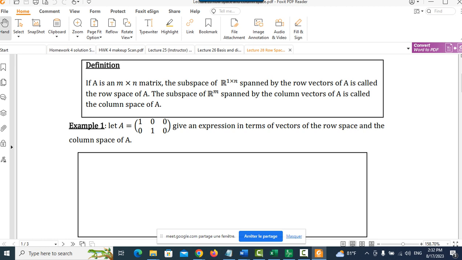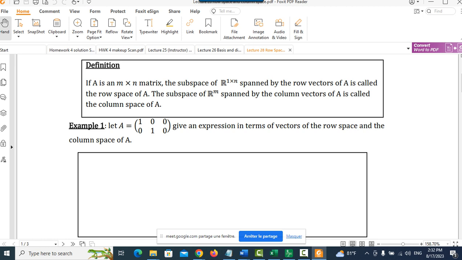The subspace of Rn spanned by the row vectors of A is called the row space of A. The subspace of Rm spanned by the columns of A is called the column space of A. In other words, the column space is the linear combinations of the columns of A, and the row space is the linear combinations of the rows of A.